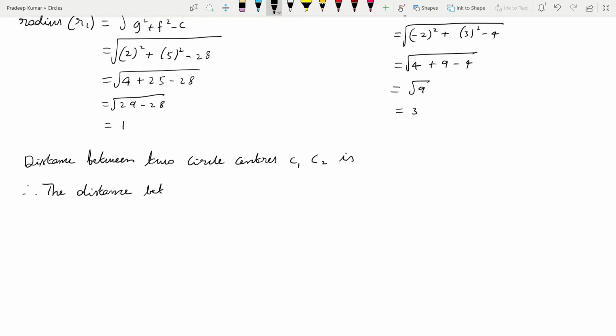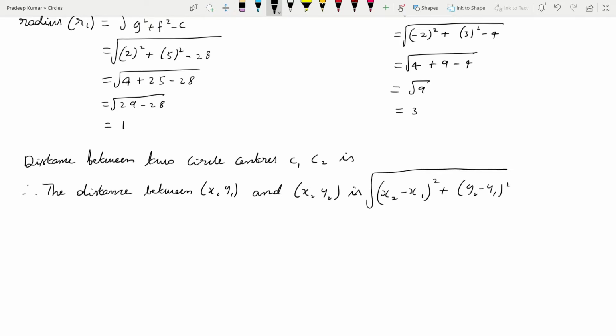I can write the first center as x1 y1 and the second center as x2 y2, where the distance formula is the square root of x2 minus x1 whole square plus y2 minus y1 whole square. The first center we got is 2 comma 5 and the second center we got is minus 2 comma 3.